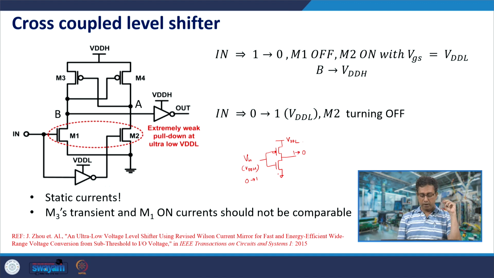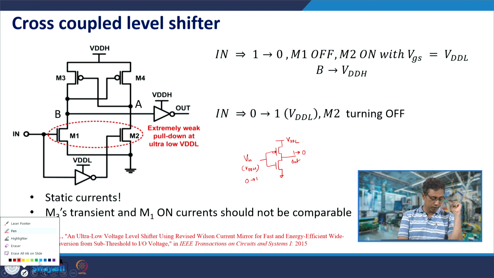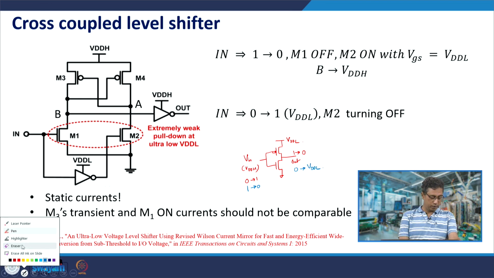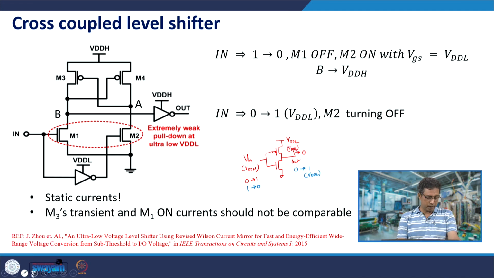And when the input turns from logic level 1 to logic level 0, the PMOSFET is now on and the NMOSFET is off, and therefore you would turn the output to VDDL, which is logic level 1 in the lower voltage domain.